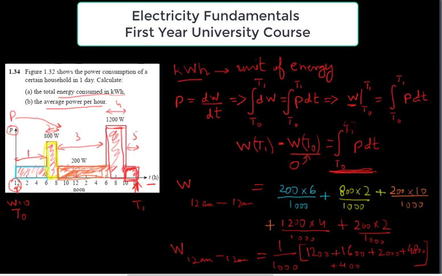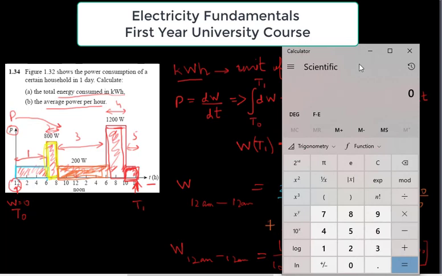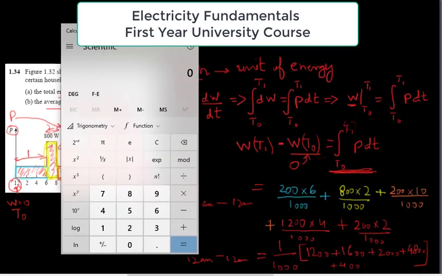Let me quickly use the calculator over here. So this is the sum: 1200 plus 1600 plus 2000 plus 4800 plus 400, and that results to 10,000.